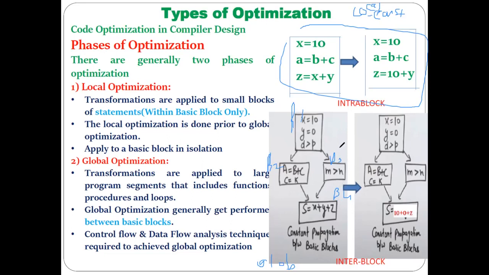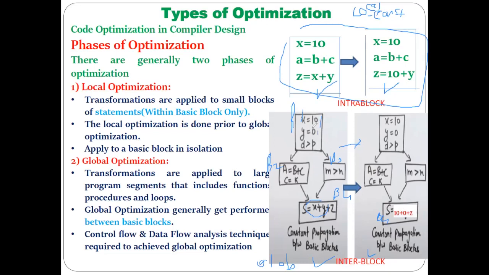Now the optimization is shown here: this is before optimization, this is after optimization. What changes can be done here? The change is done in basic block b4, as you can see. Here s is equal to x plus y plus z. Instead of writing x plus y, you can directly write 10 plus 0, because you already know the value of x is 10 and y equal to 0.